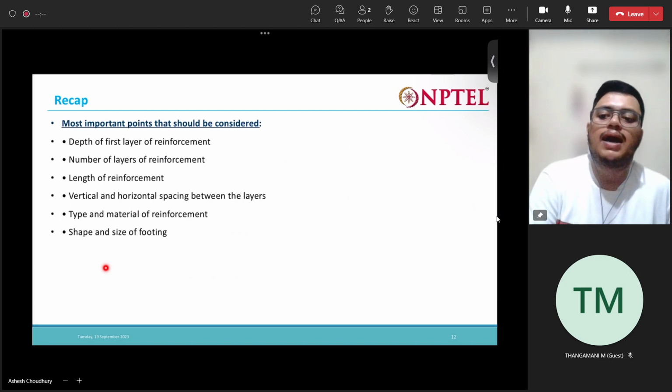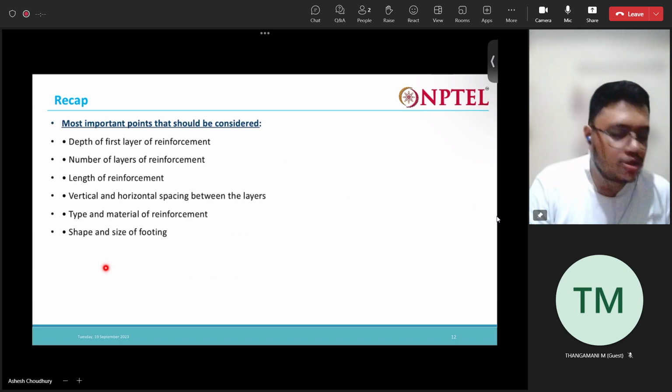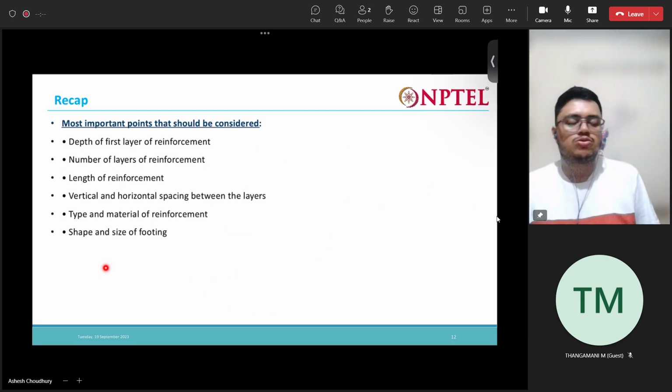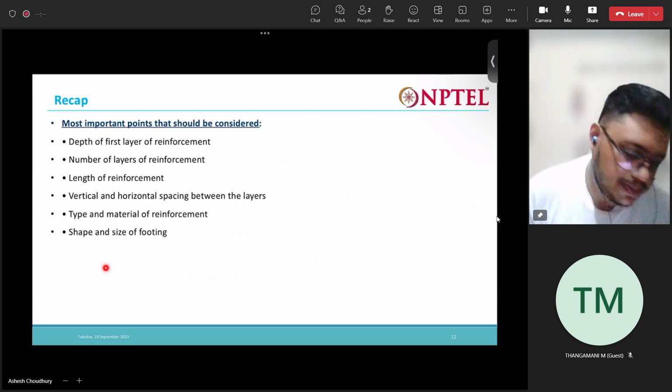Then the optimum length of the reinforcement, the vertical and horizontal spacing between the layers, and the type and material of the reinforcement, whether we choose geotextile, geocell or geogrid, and what material of geogrid we need to choose. That is up to the designer to choose. Also the shape and size.